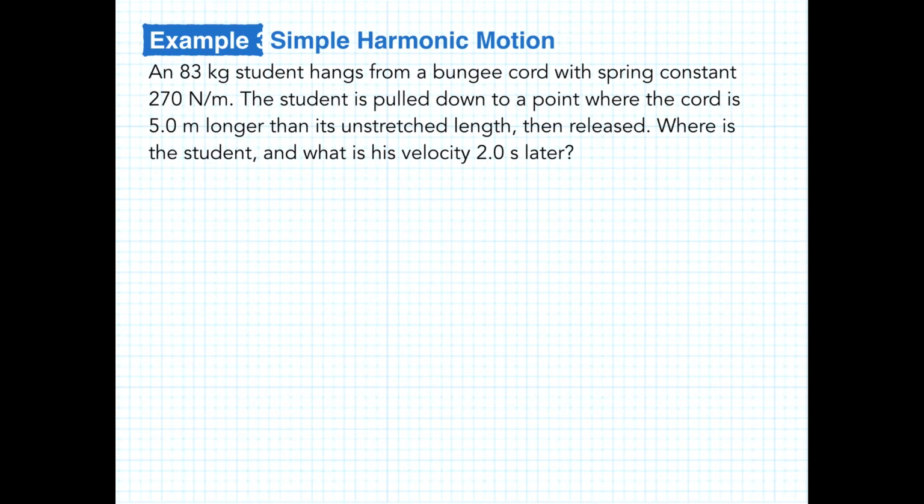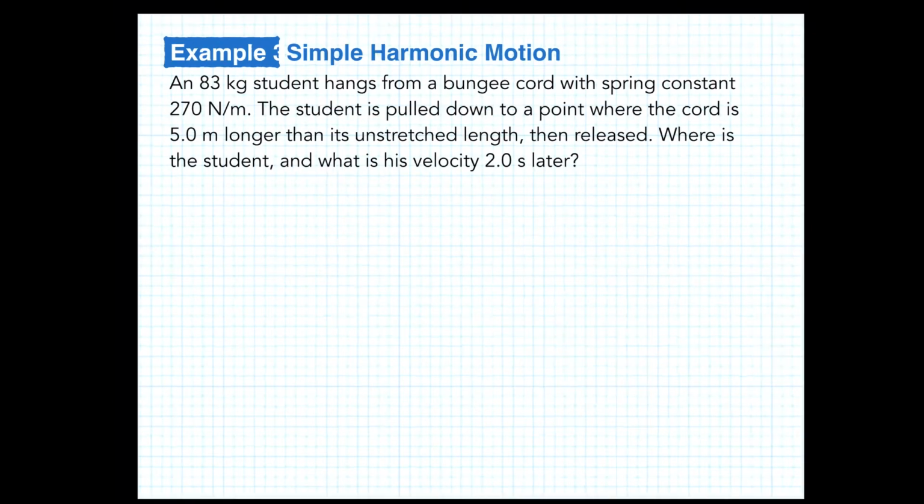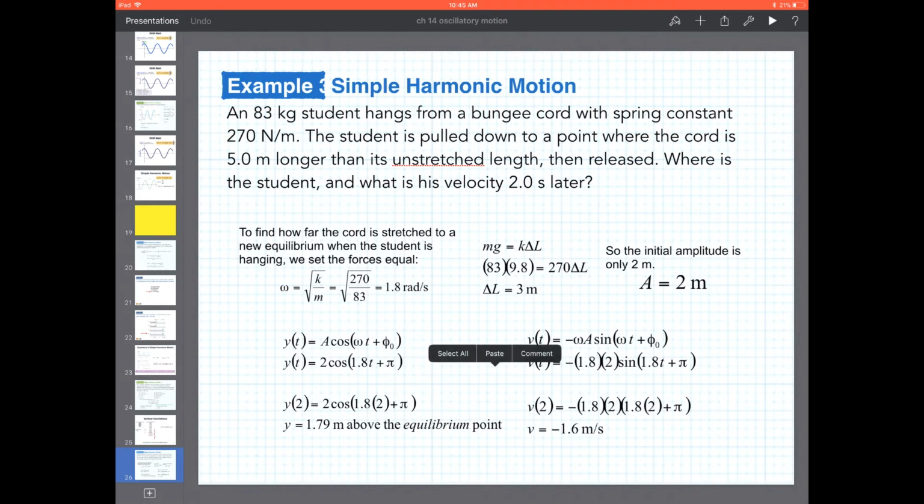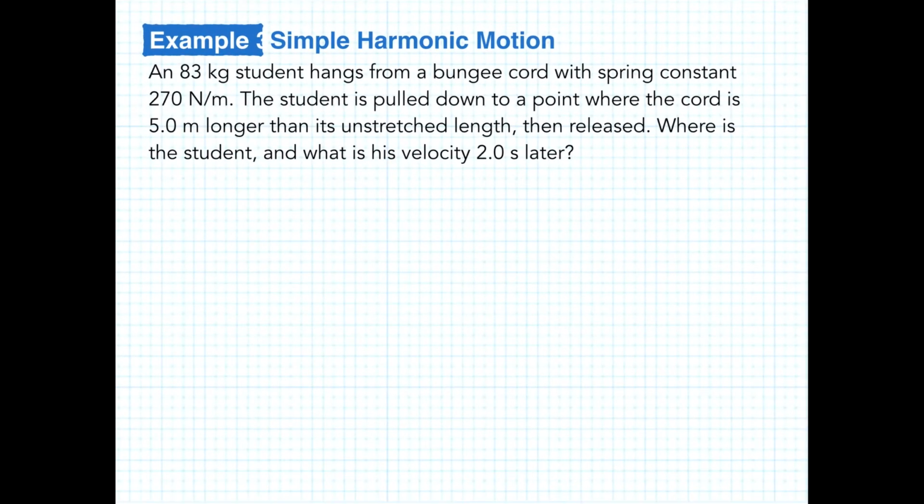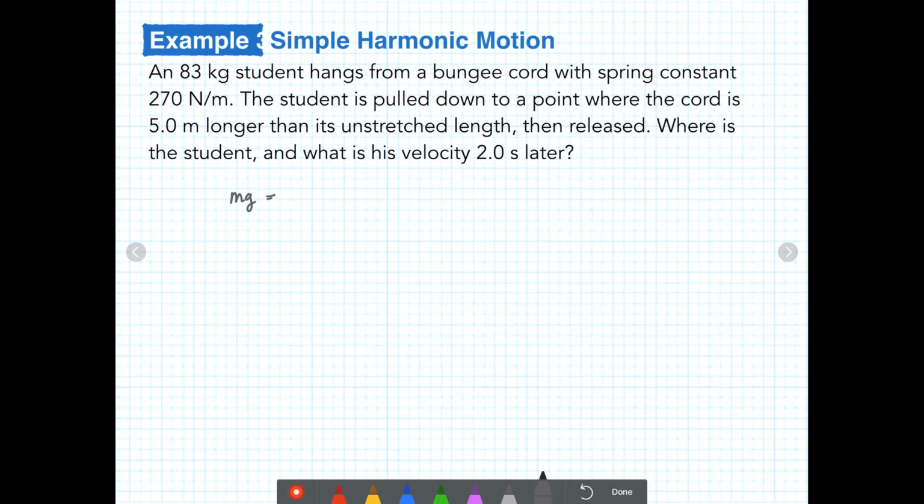We know that mg, the force due to gravity, is going to be equal to k delta L. We know what k is, and we're going to have to figure out delta L. So delta L is going to be mg divided by k.